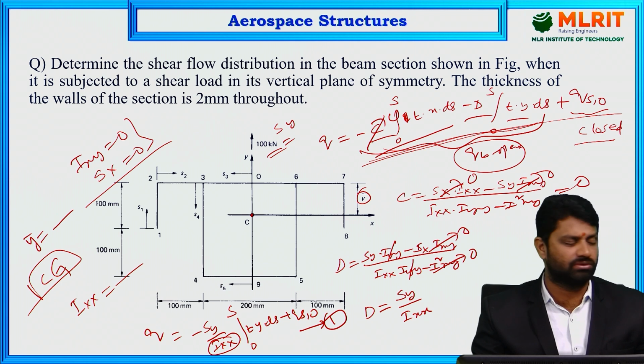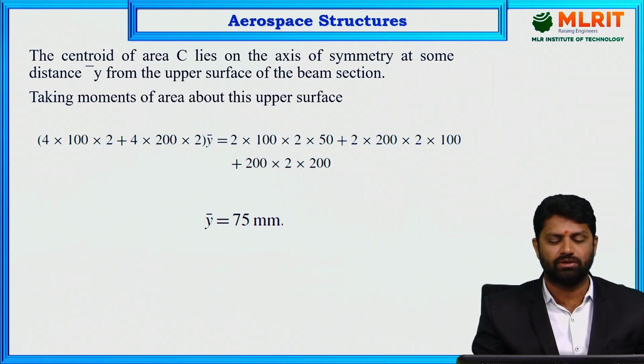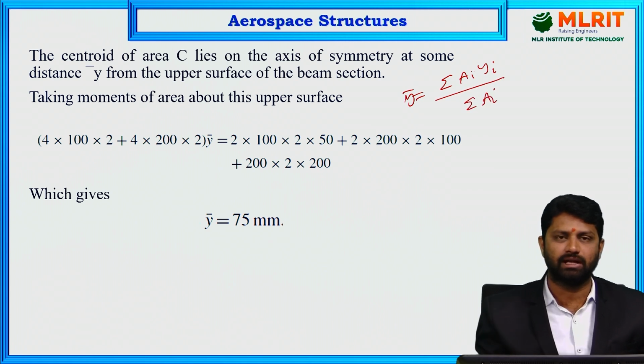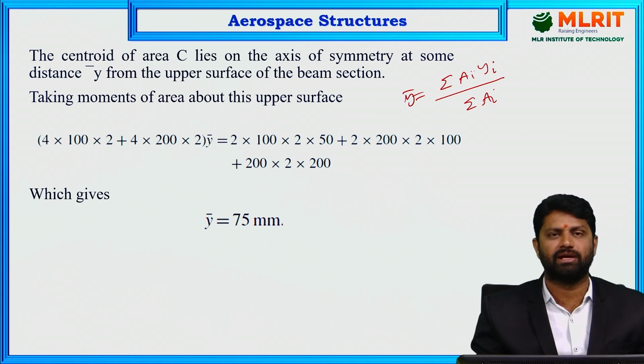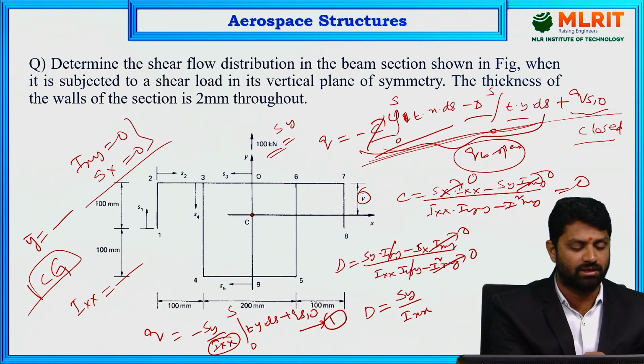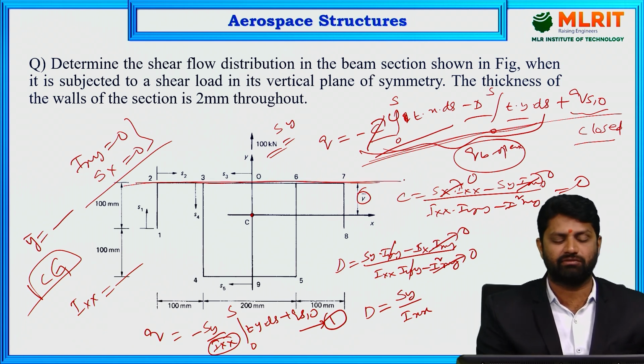So we know the formula for y bar: y bar equals summation Ai Yi divided by summation Ai, like A1 Y1 plus A2 Y2 plus A3 Y3 and so on, divided by A1 plus A2 plus A3. Let's consider the bottom, the upper layer, as the reference axis to calculate Y1, Y2, Y3.